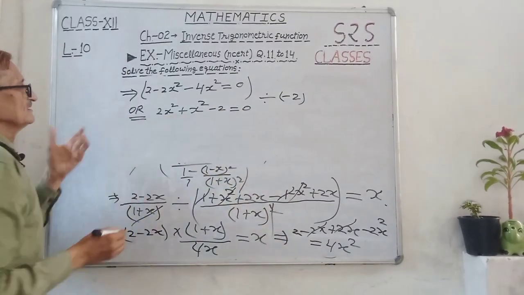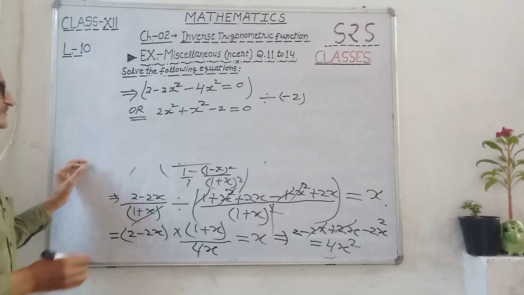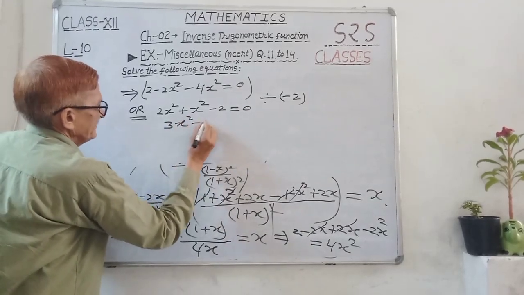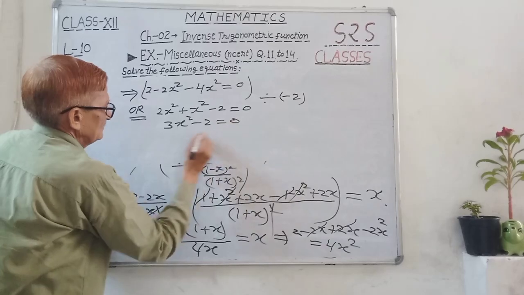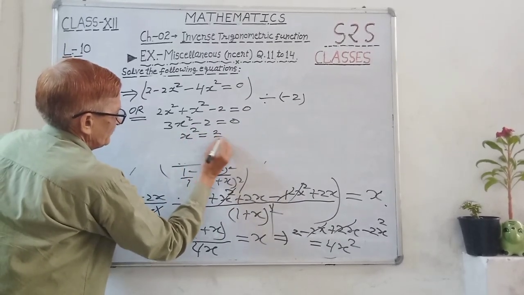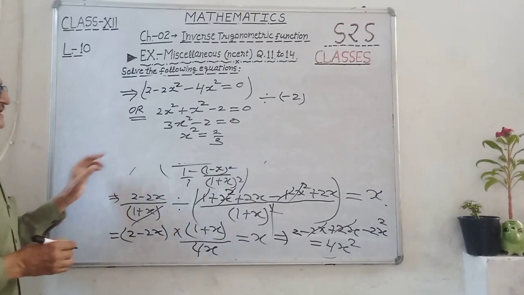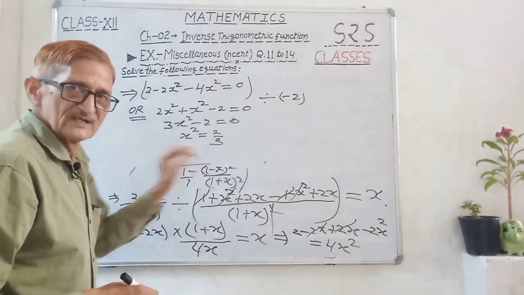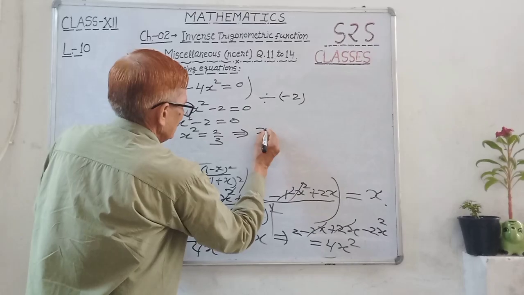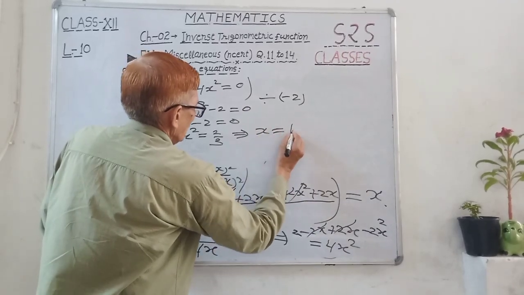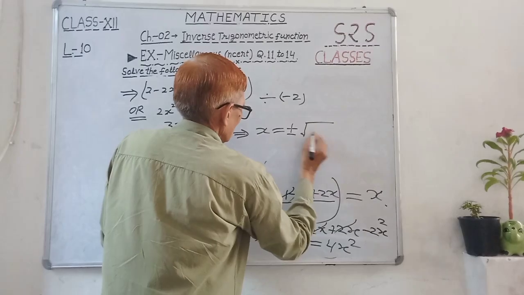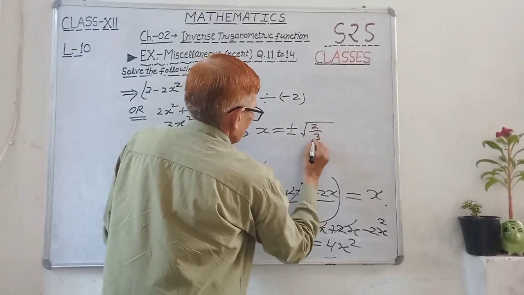Then 2 plus 1 is 3, plus 3x square minus 2 equal to 0. Then x square is equal to 2 upon 3. Okay, positive 2 and divide by 3. Then take square root both sides, x is equal to plus minus square root 2 upon 3.